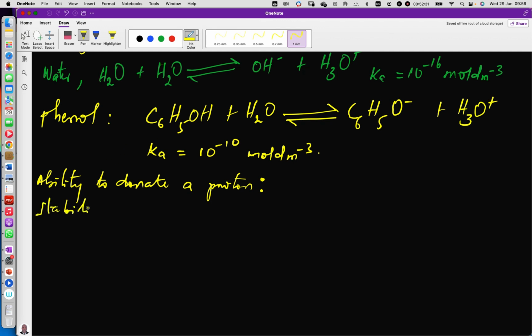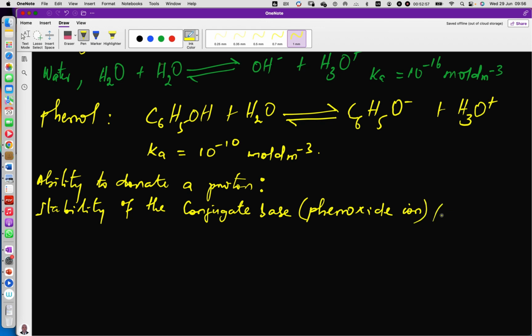The stability of the conjugate base, that is the phenoxide ion that forms.